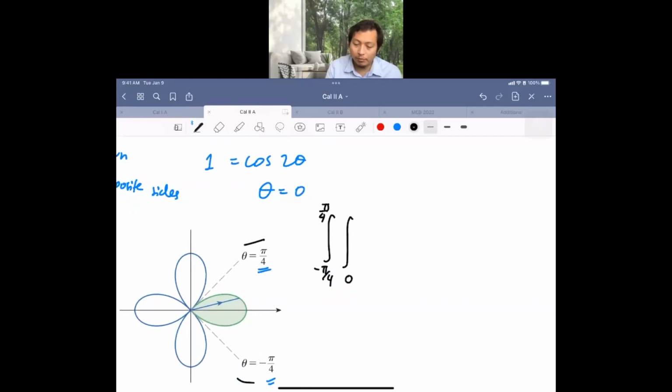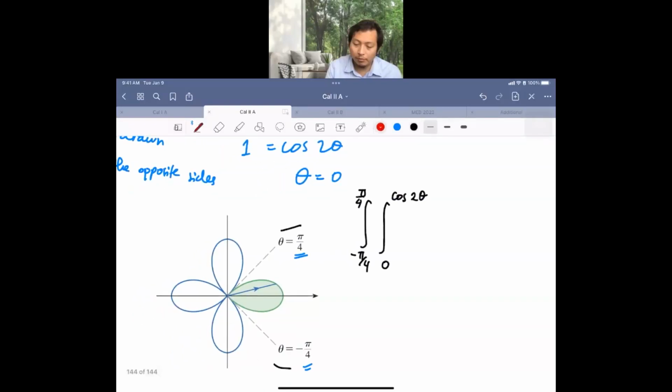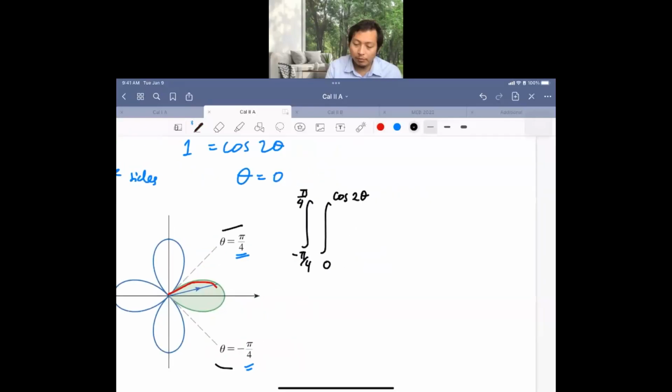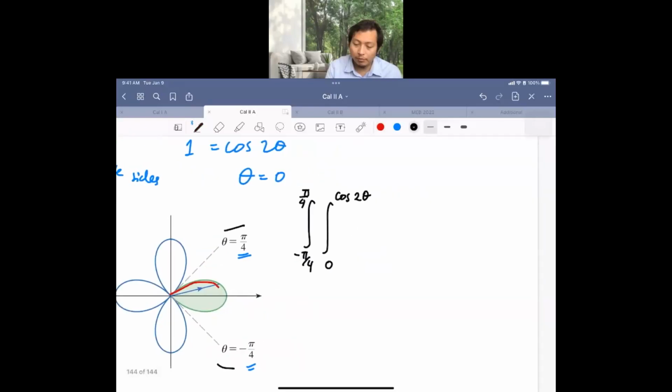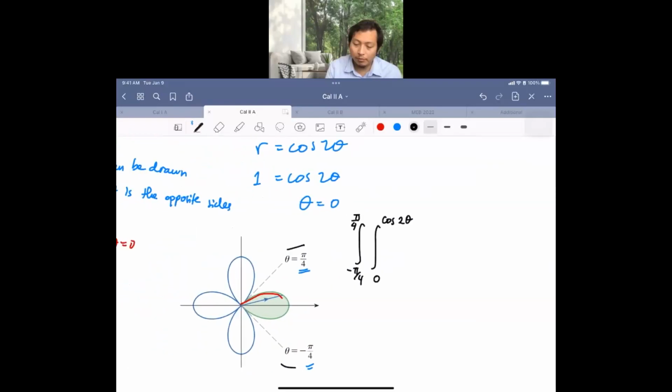So we could start with 0 and go up to cosine 2 theta as our curve, because the radius is varying; it has some variation of numbers. That's why we have the polar here. And then what we have is just r, dr, d theta.